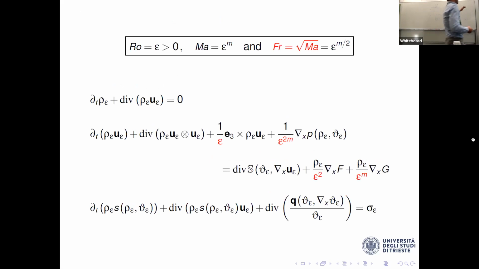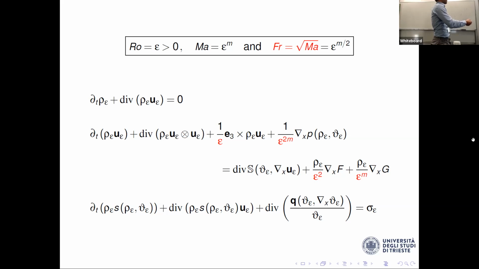Now I present the scaling that we choose. We take Rossby equal to a small parameter epsilon. We take the Mach number equal to epsilon to the power m, where m is a parameter that is free to vary in all the range greater or equal than 1. This also explains the title of my talk, because the multiscale are linked to this m.